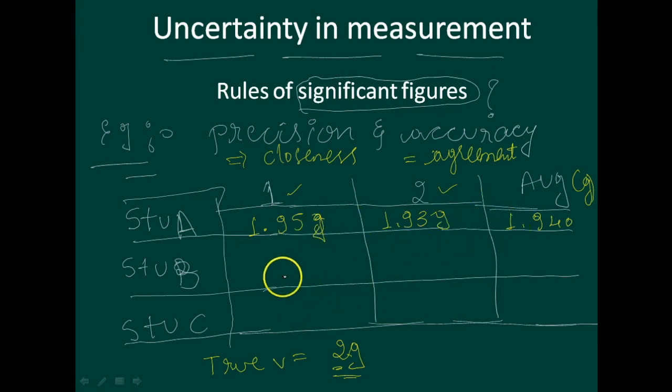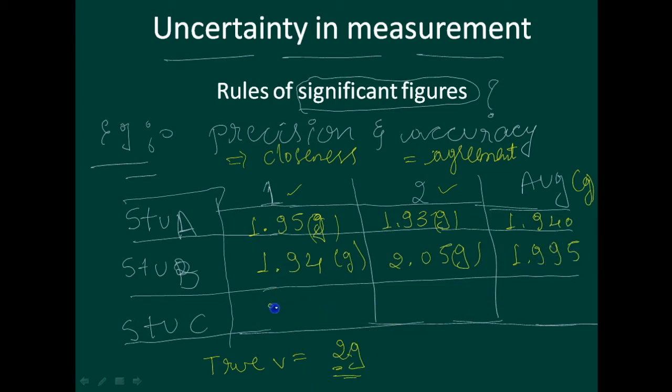Then consider student B, who repeats the same experiment and obtains 1.94 gram and 2.05 gram. The average he is getting is 1.995.